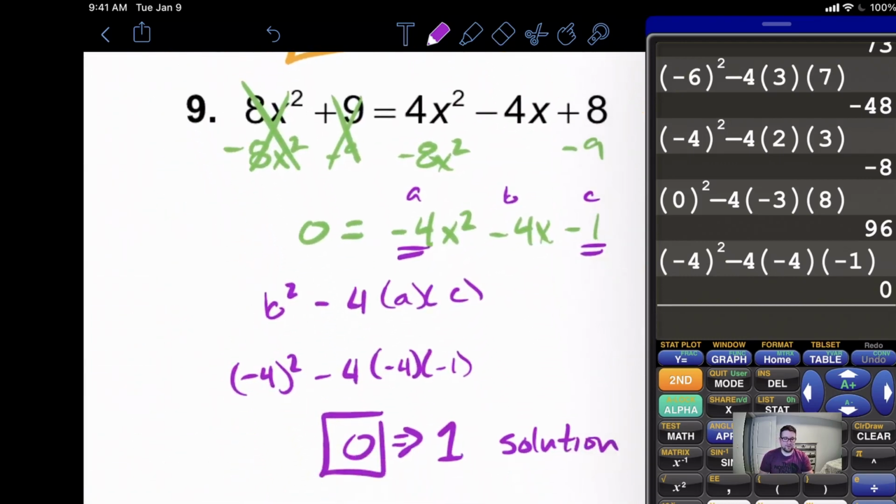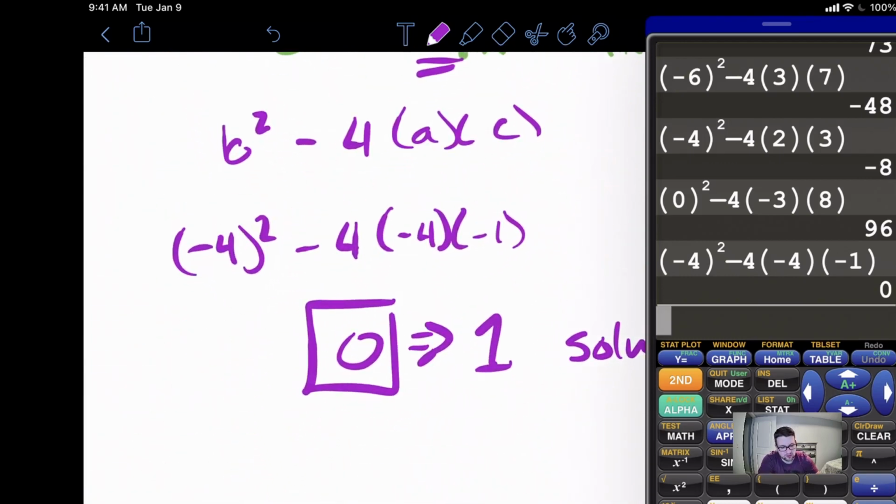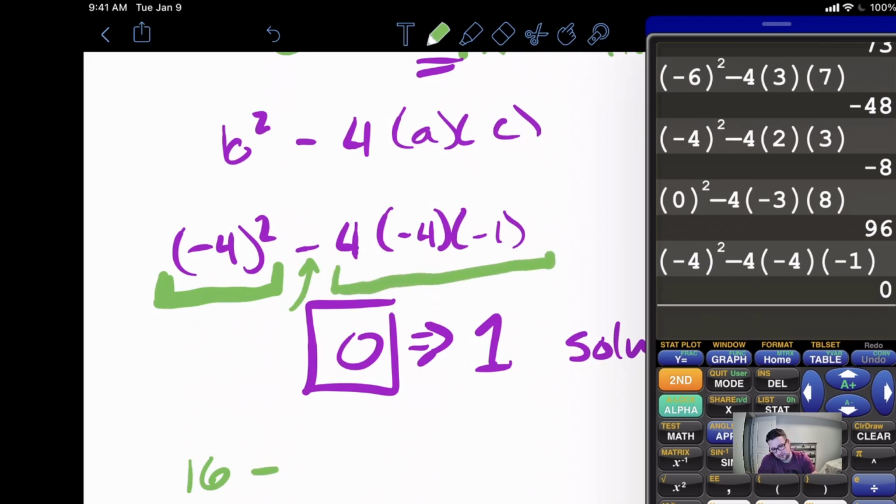Now, if you don't have a calculator to sit there and punch this all out, I just want to show you can do this by hand, but you just got to be really careful. So, obviously, negative 4 squared just means negative 4 times negative 4, and that's going to give us a positive 16. Now, over here, I just like to leave this negative sign for a second, and I just like to multiply all of this out together.